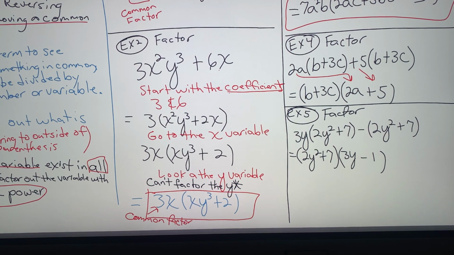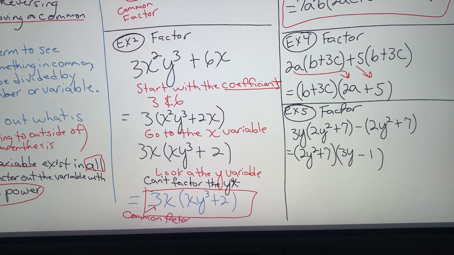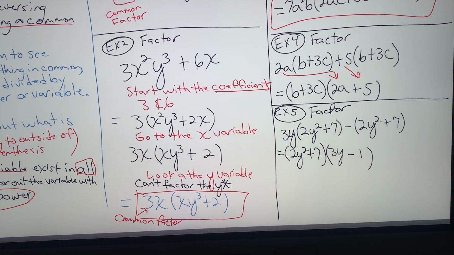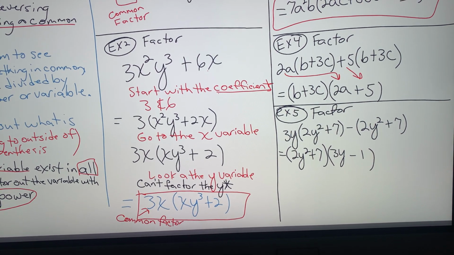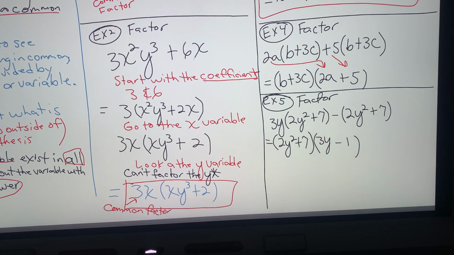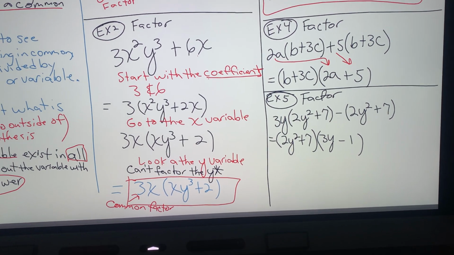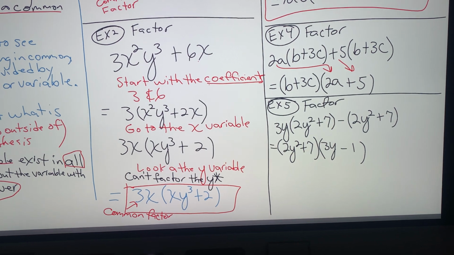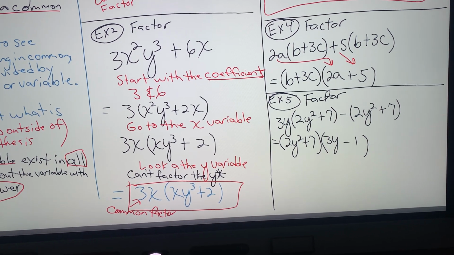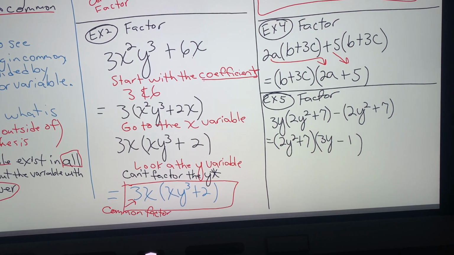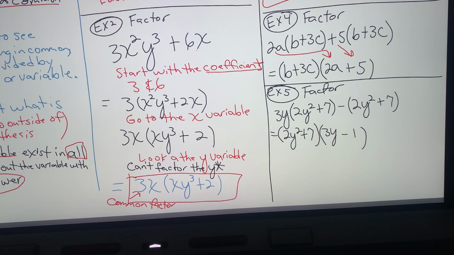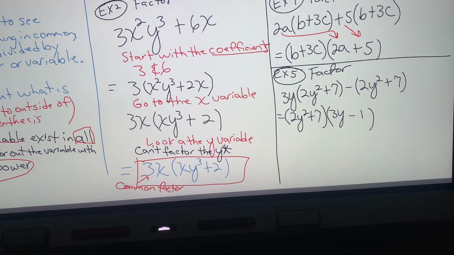Then we look at the variable x, and if x is in all of the terms, then we can factor out the one with the smallest power. So in this case, we factored out x because we have x squared in the first term and x in the second term. So the smallest power is just x. So we bring that one outside. And then we look at y.